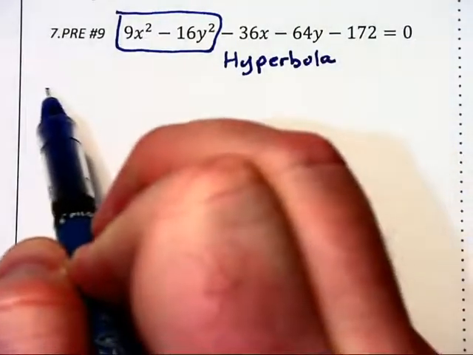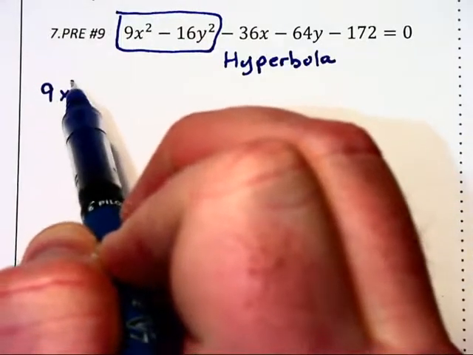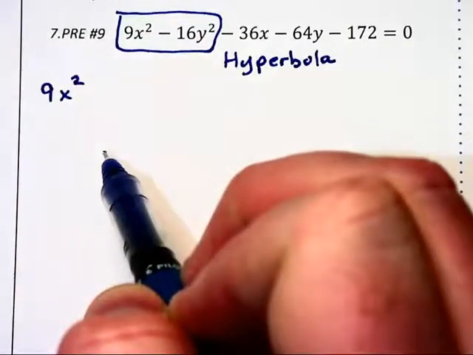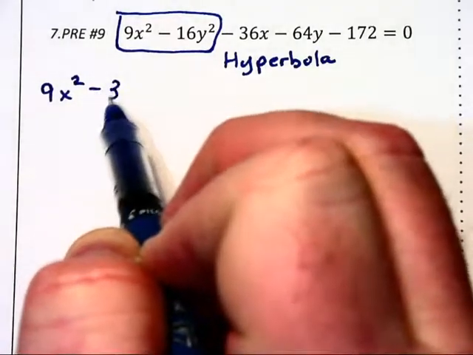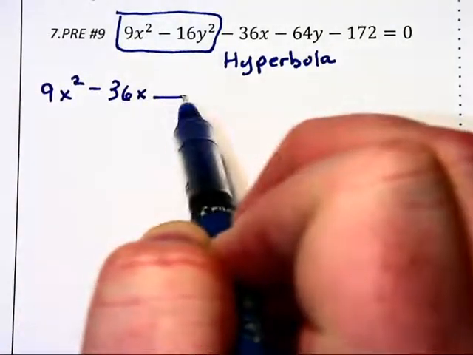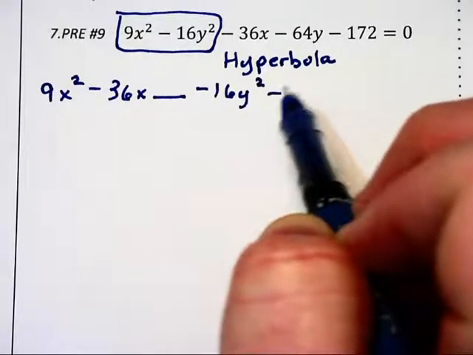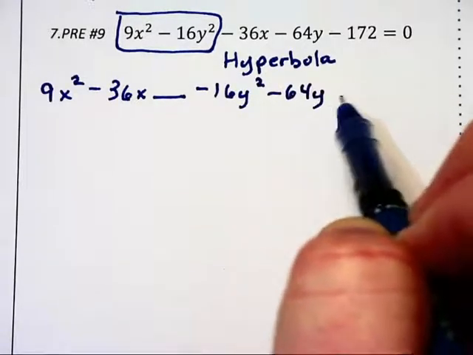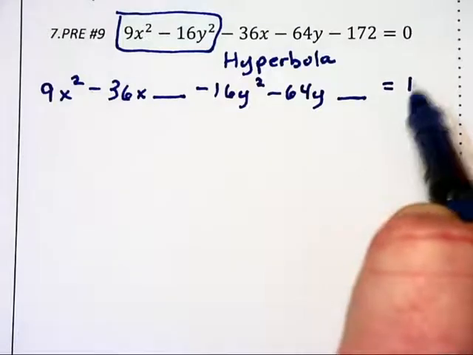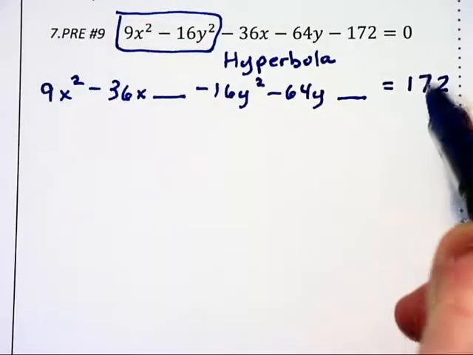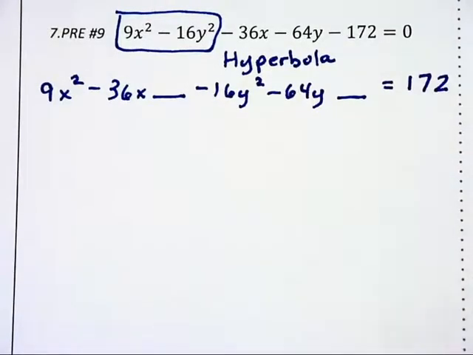Let's begin by grouping the x and y terms separately. We begin with 9x squared minus 36x, leave a blank, minus 16y squared minus 64y, leave a blank, equals our constant 172. We will then factor out the leading coefficients.